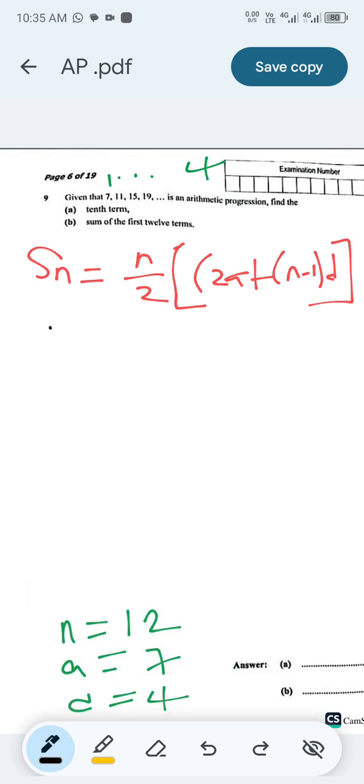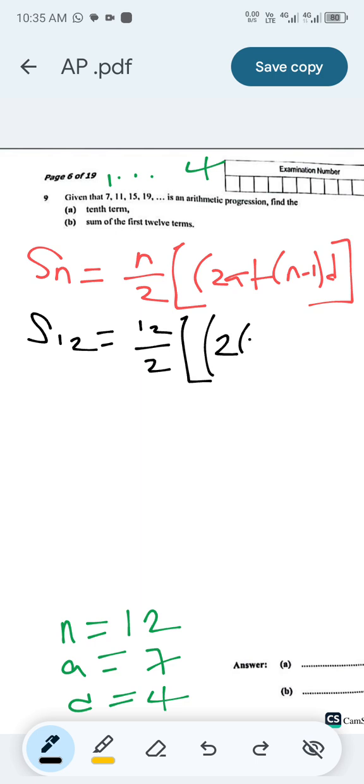So now the sum of 12 terms is equal to 12 divided by 2, open bracket, 2 times the first term, which is 7, plus 12 minus 1 times 4, close bracket. The common difference, we are multiplying by d, that is 4 there.